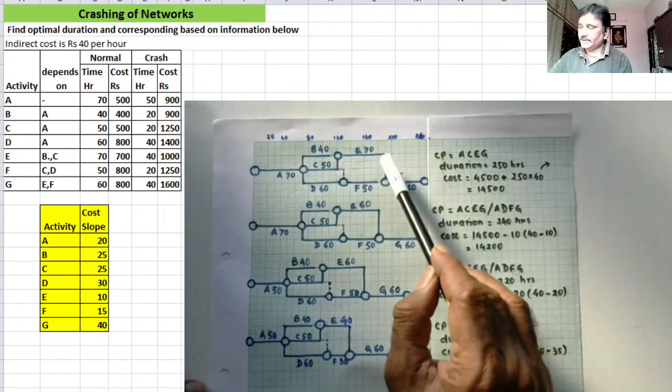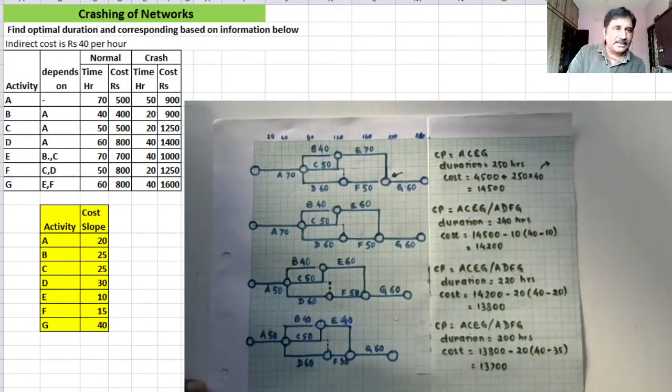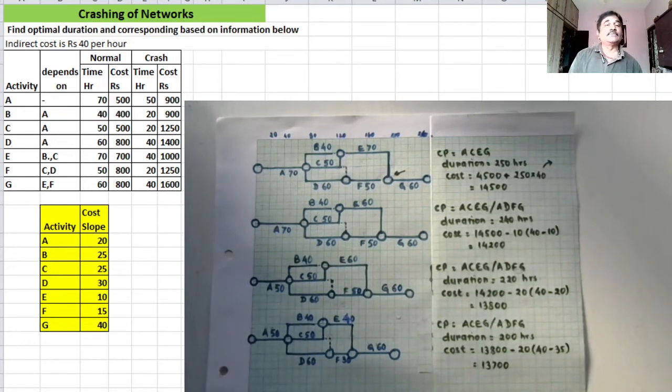For example, here, if I crash activity E, from the table, activity E normally takes 70 hours, and it can get completed in 40 hours. That means it can be crashed by 30 hours. From 70 we can bring it down to 40 hours. Okay, but that crashing is not to be done all at once.